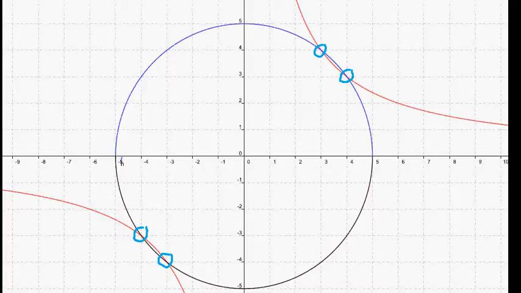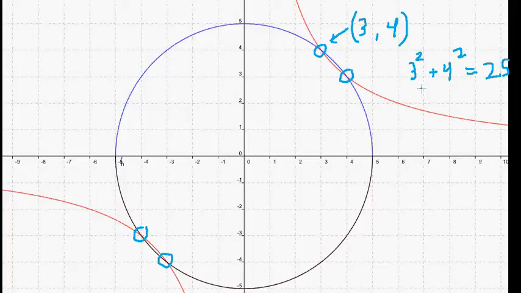Let's just verify that this works real quick. We'll just do one. We'll do the point 3, 4, just to show that this is true. So 3 squared plus 4 squared should equal 25. Does it equal 25? 9 plus 16 equals 25.